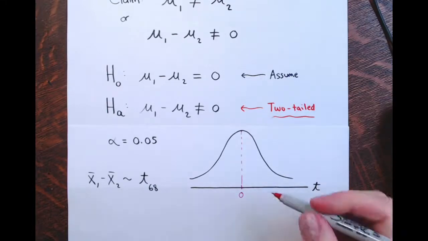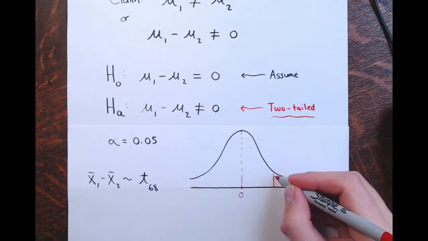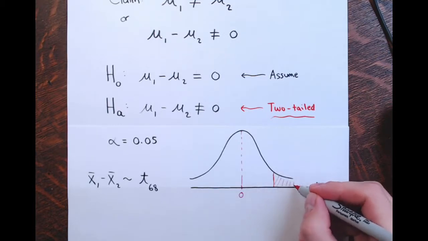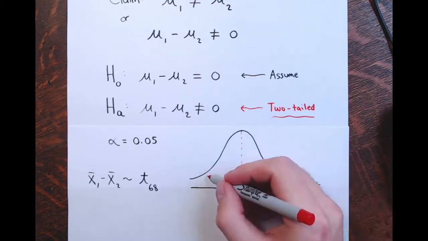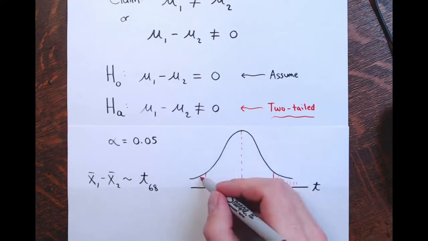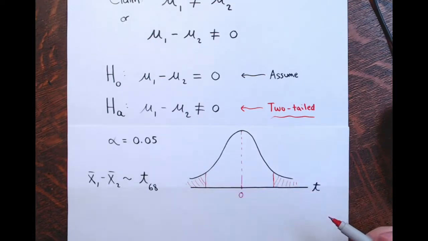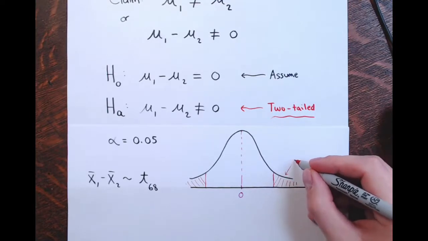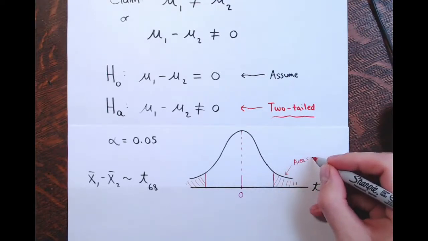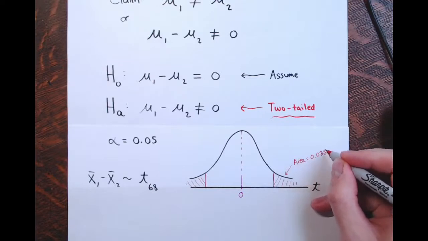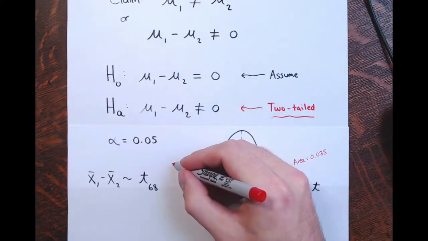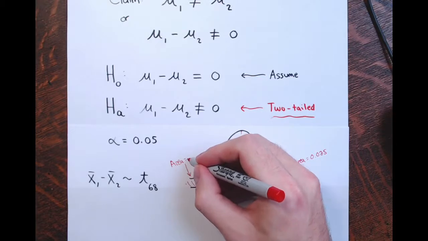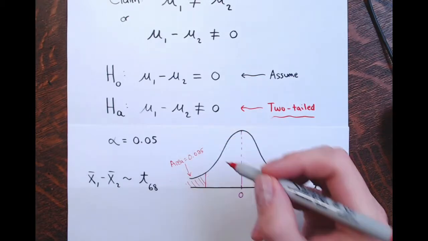So there should be a rejection region on the right of the mean, on the right tail, and basically the same rejection region, but on the other side, on the left tail. Now the area of both of these put together should be the significance level, 5%. So each of these separately should have an area of 2.5%, right? 0.025. Same thing for this left tail rejection region, should have an area of 0.025.